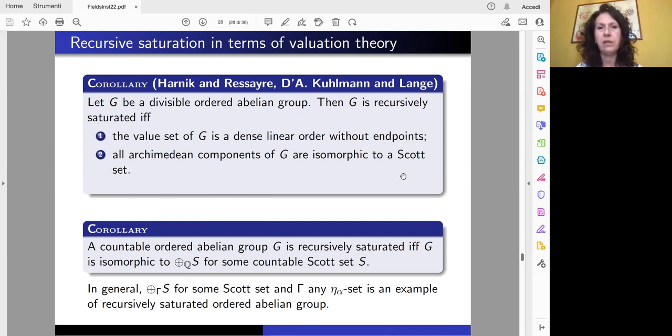So there is a Scott set to which all the Archimedean components of G are isomorphic, always related to the natural valuation on G.